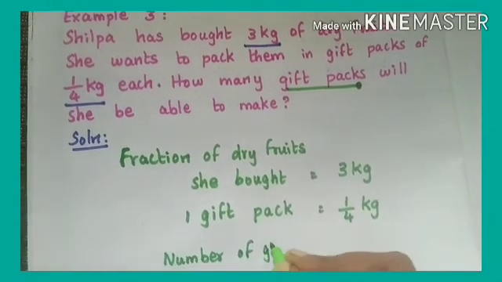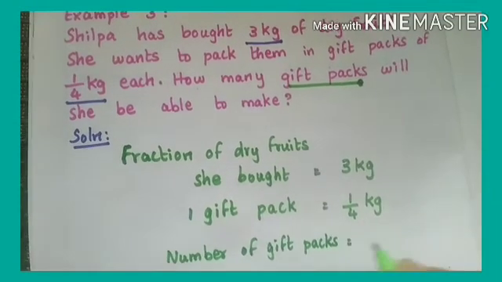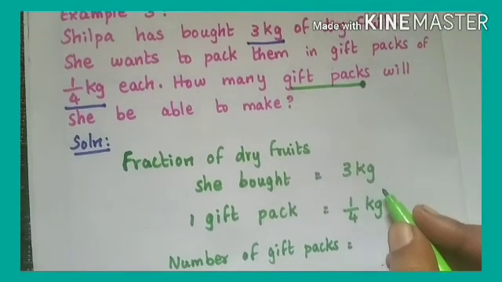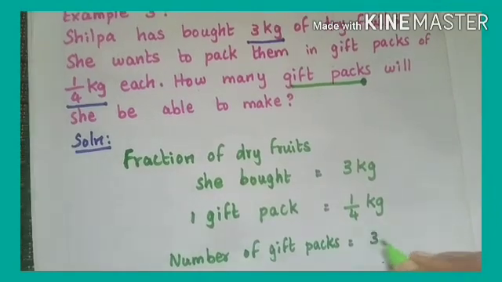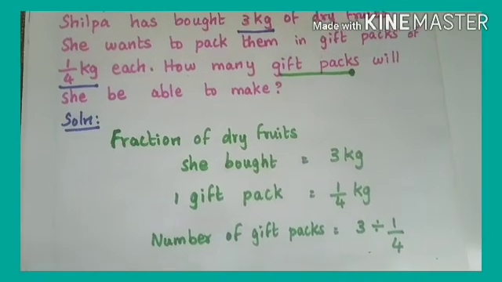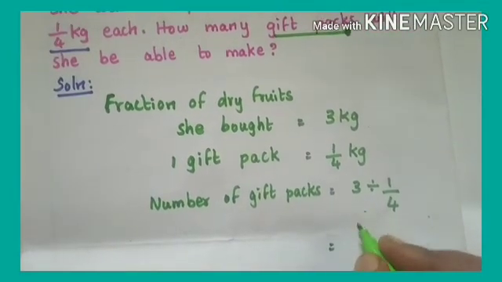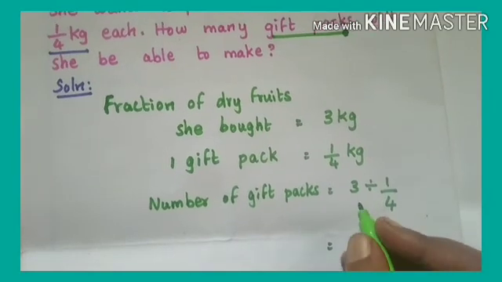We have to divide the fraction of dry fruits she bought by the fraction of dry fruits in one gift pack. Let's write 3 divided by 1 by 4. Write 3 in fraction form, that is 3 by 1.